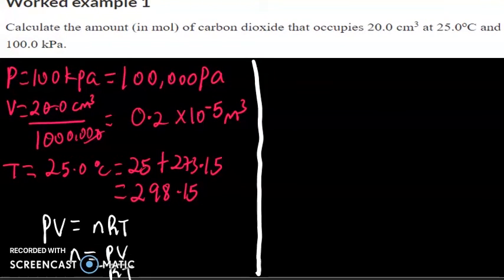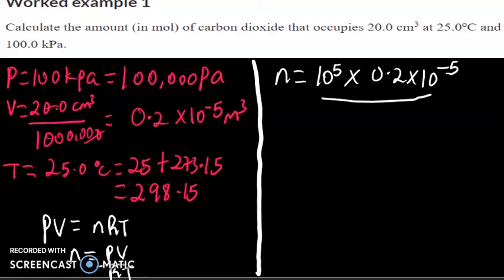In this case, n equals P, which is 10 to the power 5, times V, which is 0.2 times 10 to the power minus 5, over R, which is 8.314 (remember, this is given to us, the universal gas constant), times T, which is 298.15.